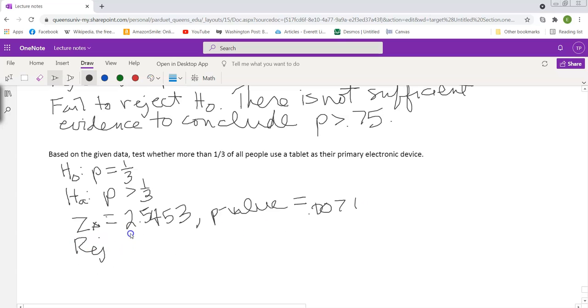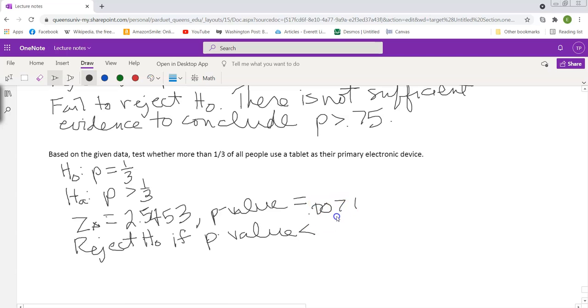So we're going to reject H0 if the p-value is less than alpha. Now in this problem they didn't give you a value for alpha. Anytime they don't, you can assume 0.05 if you want to. But notice here that it really doesn't matter which one of the three common values we're using.